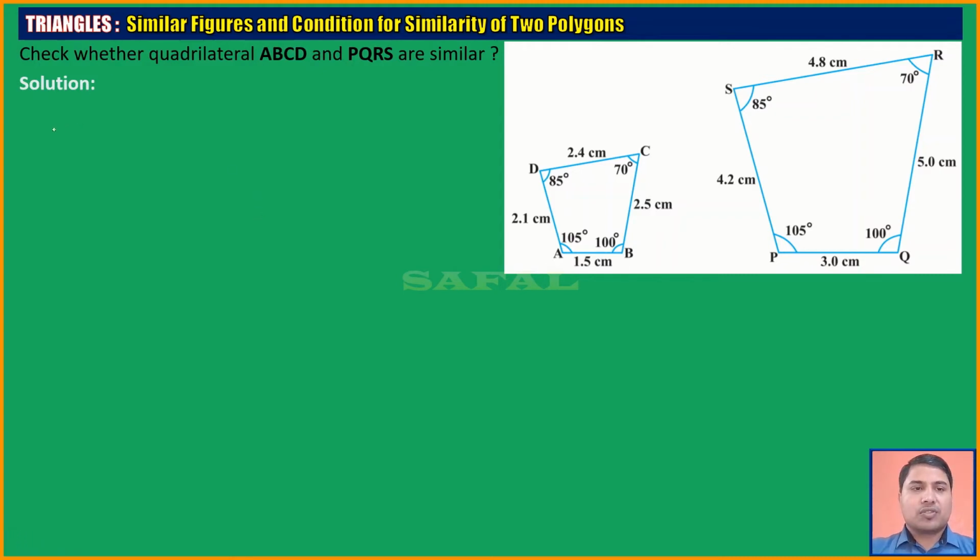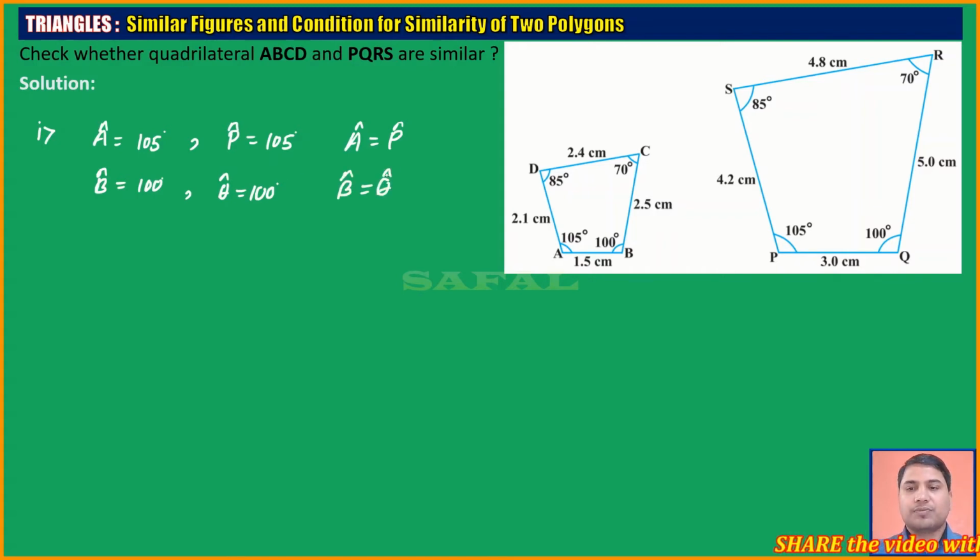The first condition is angles. Here angle A equals 105 degrees, and in the second figure angle P is 105 degrees. So angle A equals angle P. The second angle B is 100 degrees, and corresponding to B, angle Q is 100 degrees. So angle B equals angle Q.